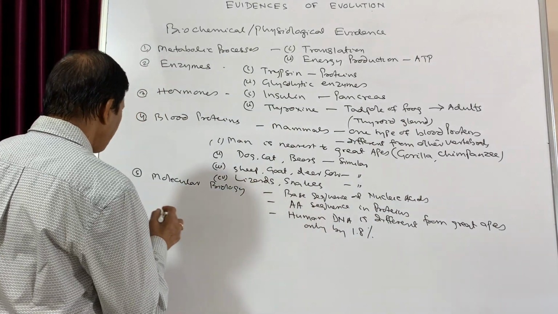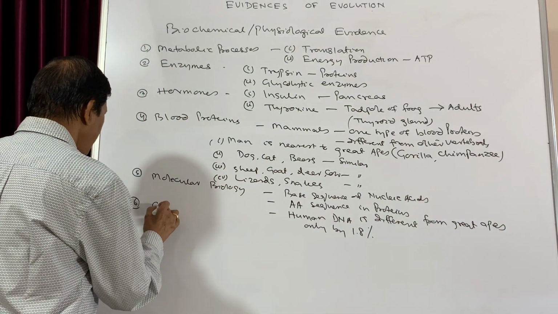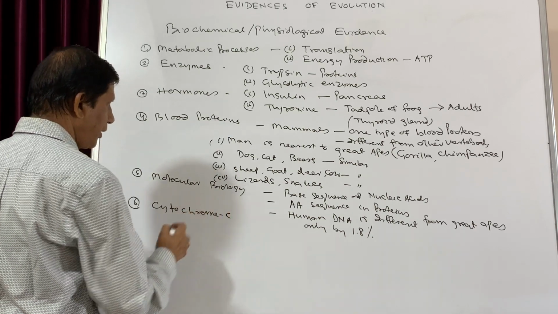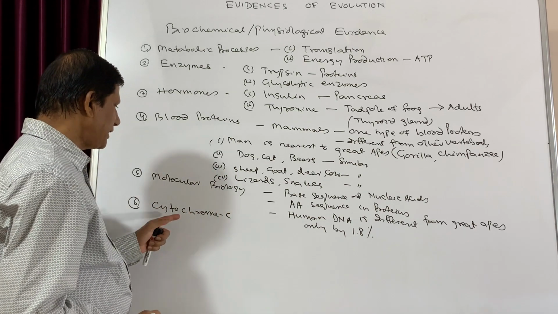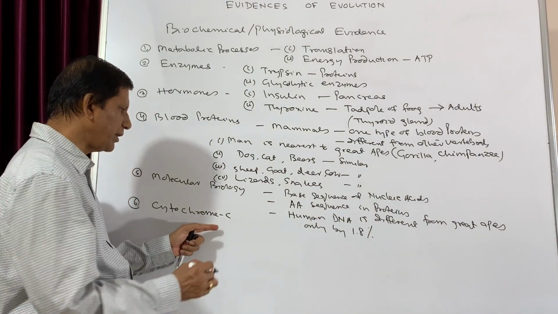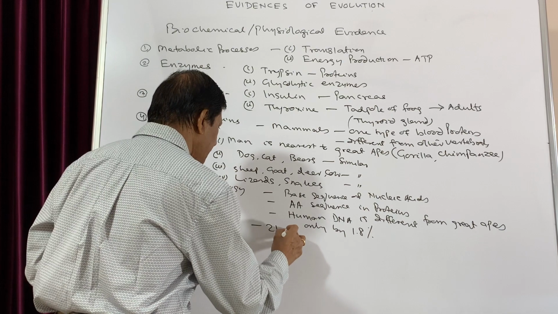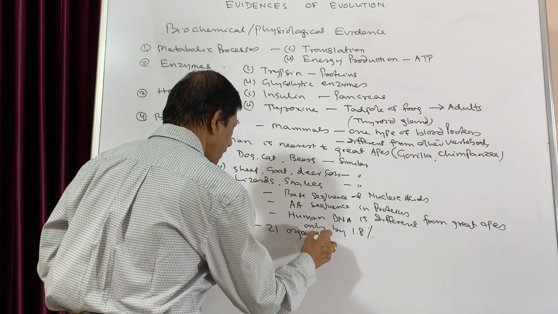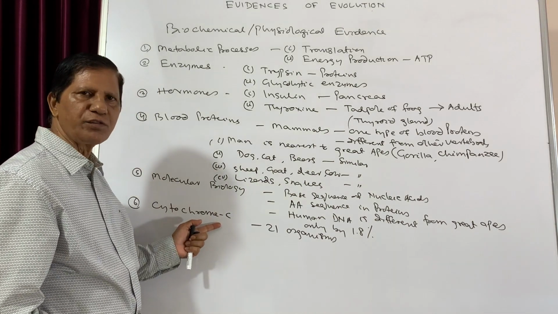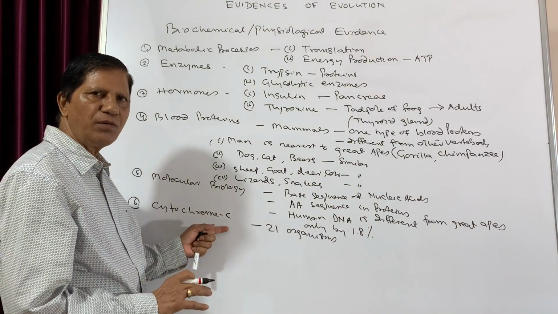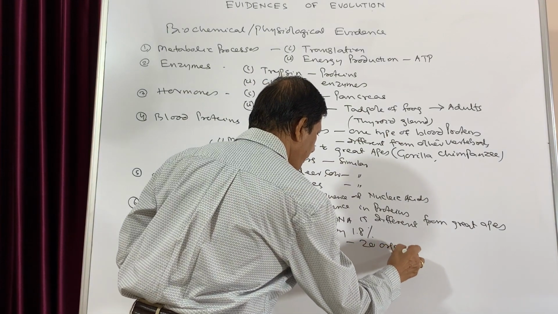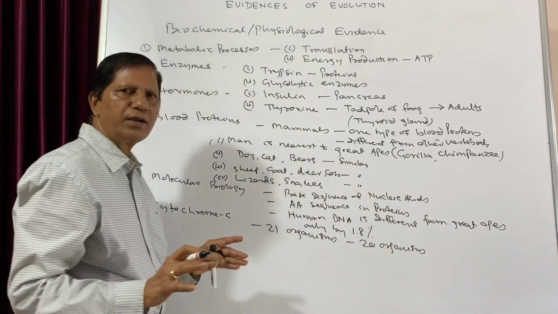Another example we can take is that of cytochrome-c. Cytochrome-c is a protein. When its polypeptide was formed in 21 organisms, it was found that in 20 organisms they were similar.